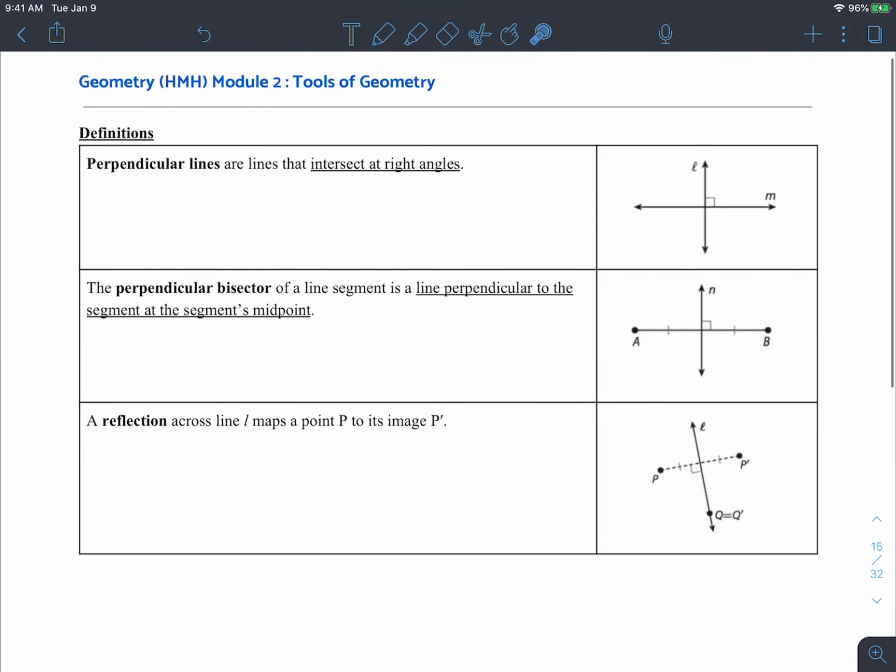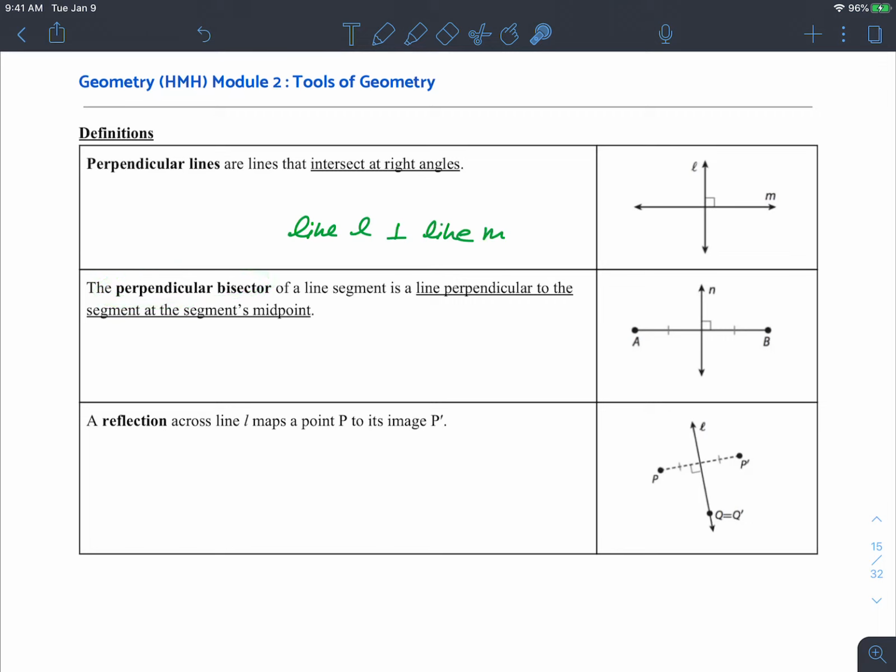And here are some definitions, okay? So what is a perpendicular line, right? As we talked about in Algebra 1, it is a line that intersects, they cross each other at a right angle. So in this case, we would say line L is perpendicular to line M. All right, what is a perpendicular bisector?